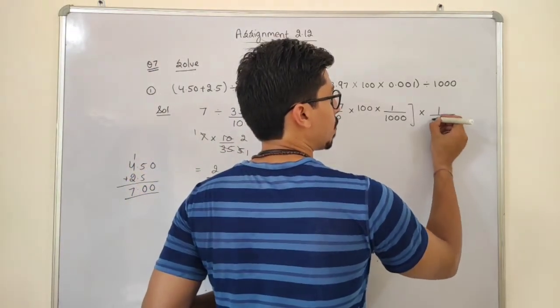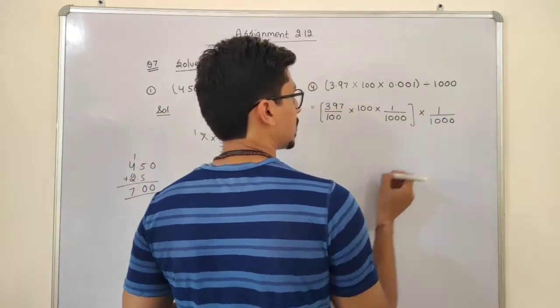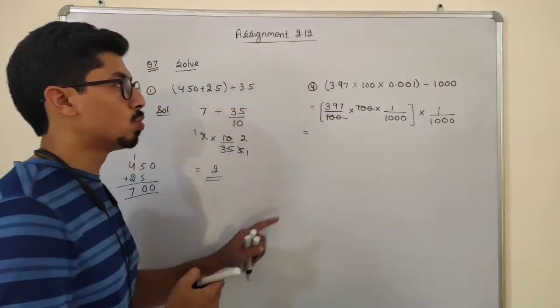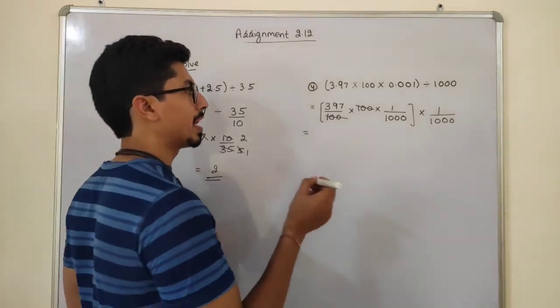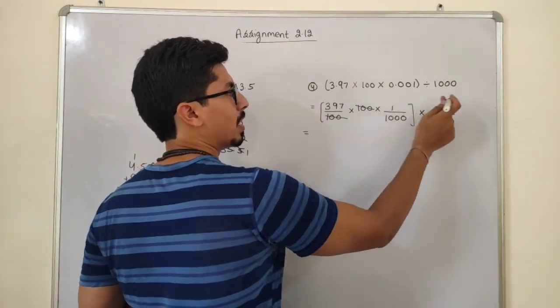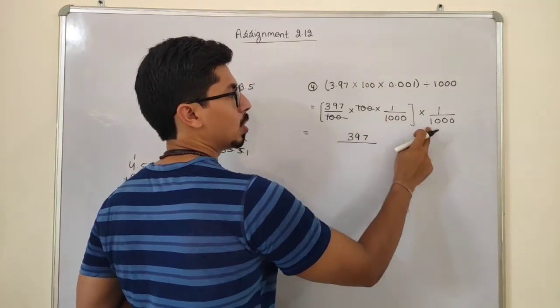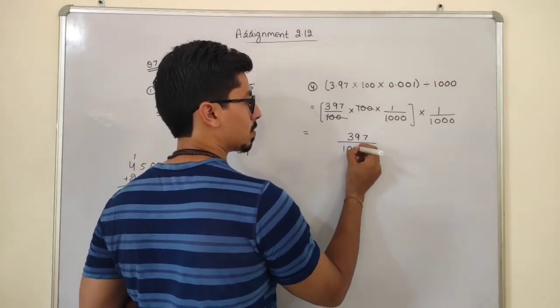The number will get reciprocated. It will be this. So okay, these 2 zeros cancel out with these 2 zeros. So the remaining number is 397 into 1 into 1. So it will be 397 as it is upon 3 zeros and 3 zeros, that means 6 zeros.